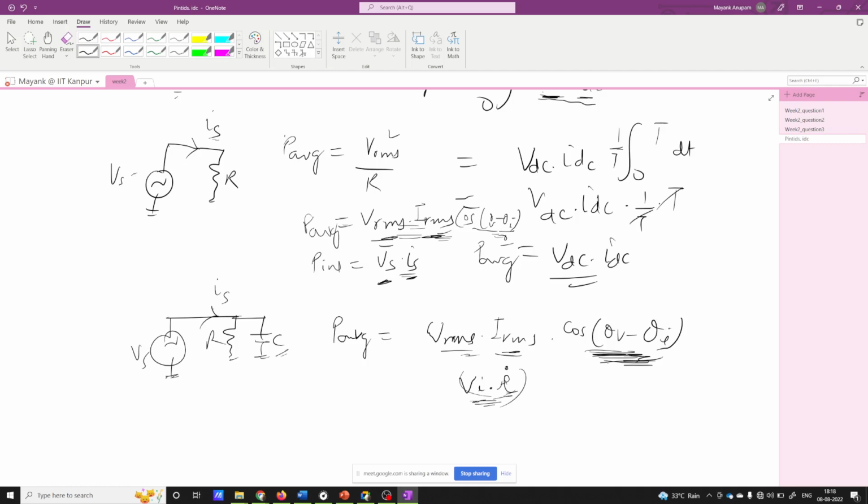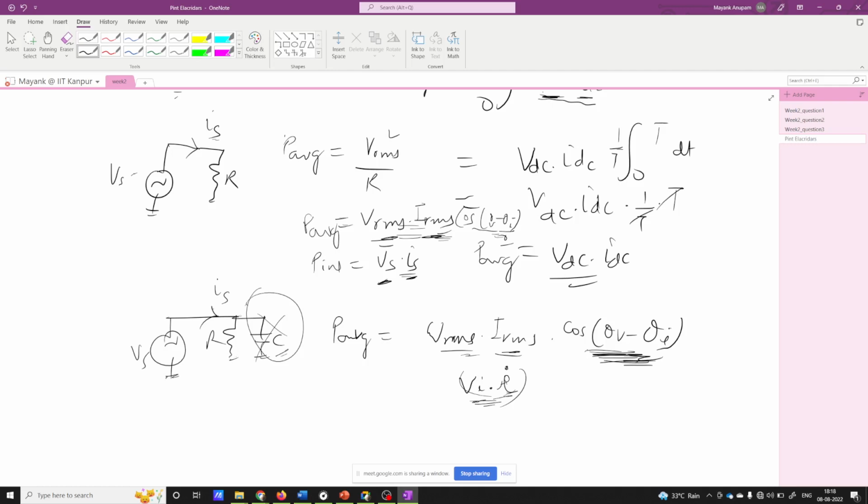So basically, you would have gotten a pure power out of it if this capacitor had not been present. But because of this capacitor, the total power dissipation in the circuit is not as large as you might think.